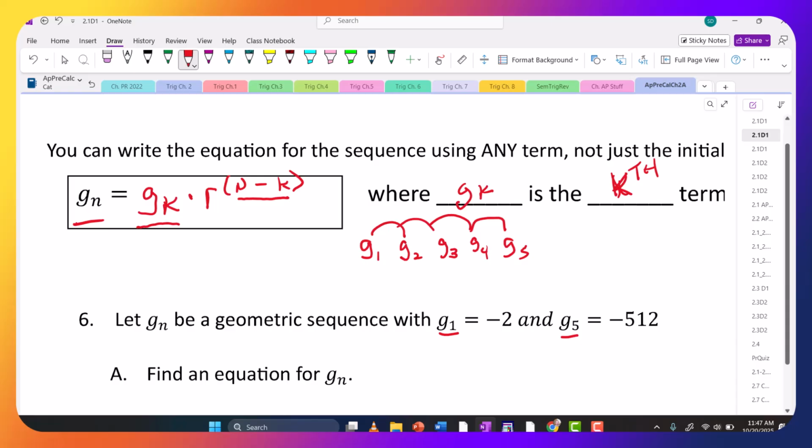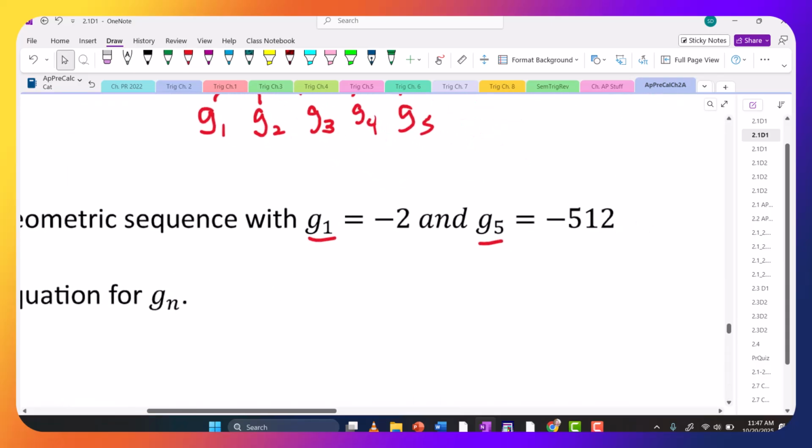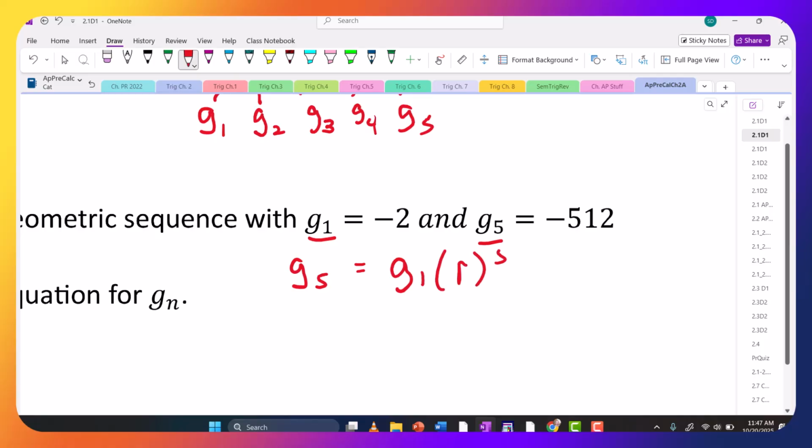That's why we're going to go right to this formula and understand it. To go from g sub 1 to g sub 5, I have to multiply by some r value 4 times. That's what the 5 minus 1 means right there.